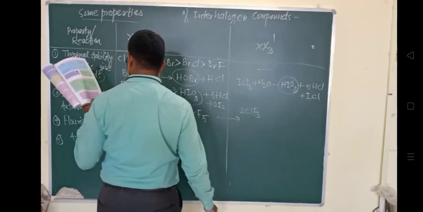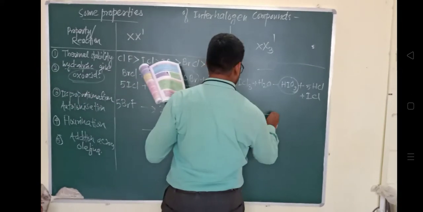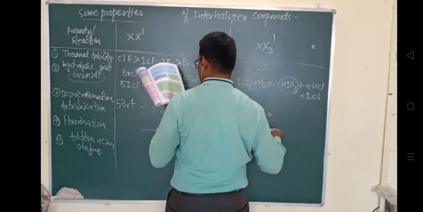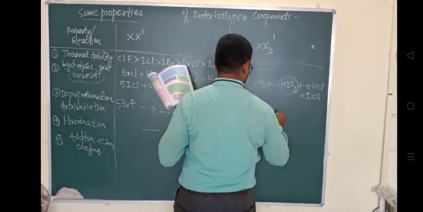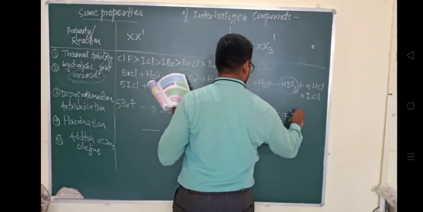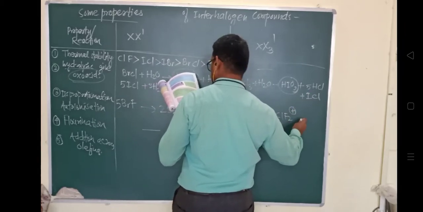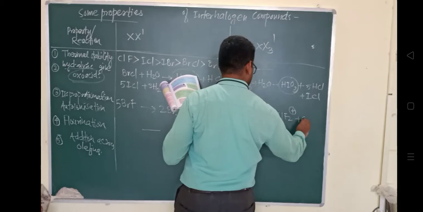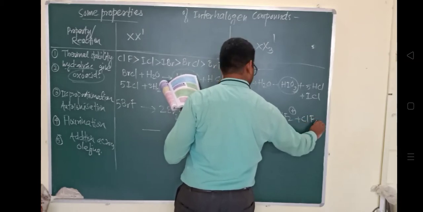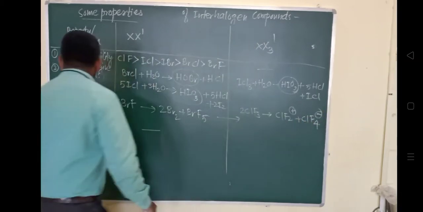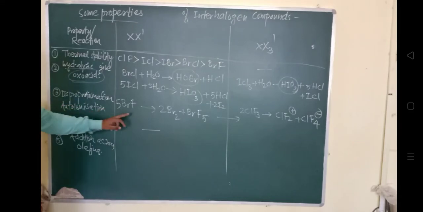Okay, that is called its property of auto-ionizing. जैसे देखो इसमें 5BrF. Okay, so this is the interhalogen compound which is getting auto-ionized. Ions में form हो रहा है. Okay, so in the same way here this X3 type of interhalogen compound is getting converted into ions. One is a cation and one is an anion. Okay, so in this way.